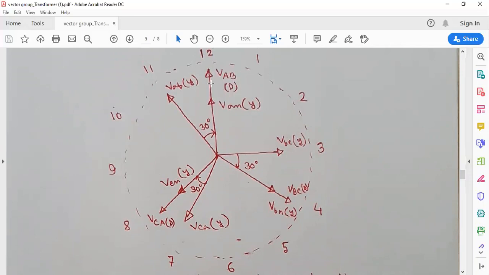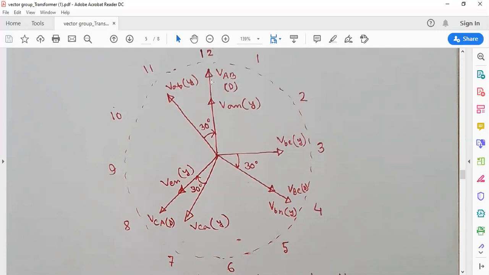I want to remind you that you cannot say that we have applied a voltage VAB which is in the 12 direction and we get a voltage VBC which is in the 3 direction, because there is an angle difference. The voltage applied and the voltage induced will always be in the same direction. So when we are drawing the connection diagram, we have to focus on which two vectors from primary and secondary are in phase.